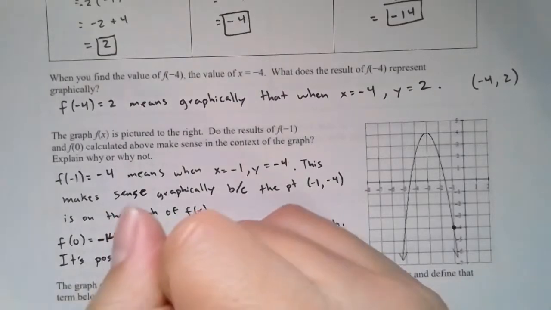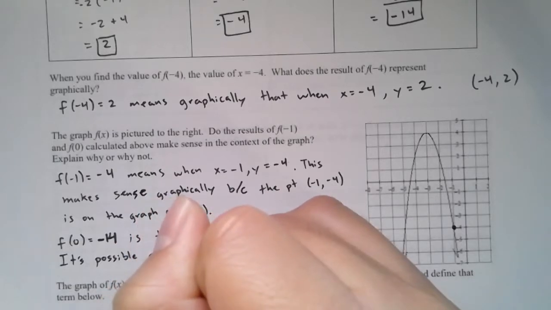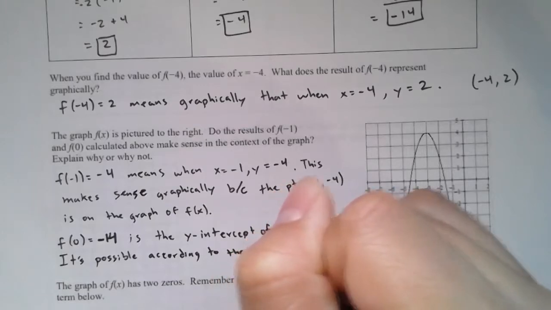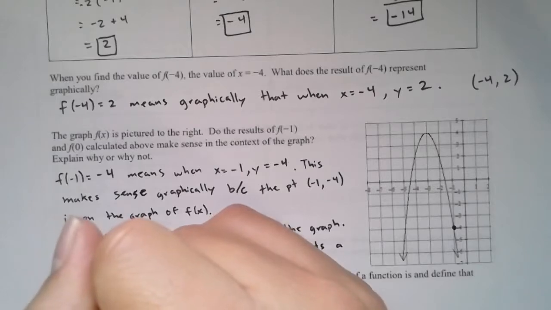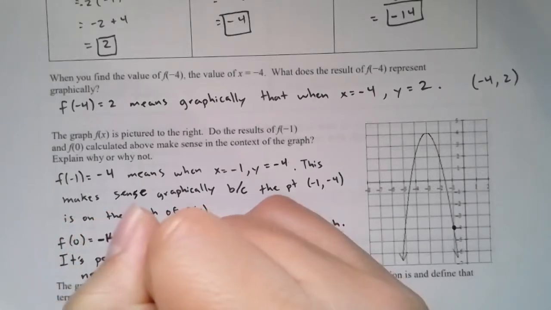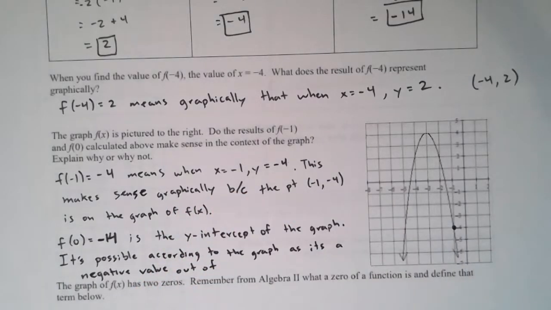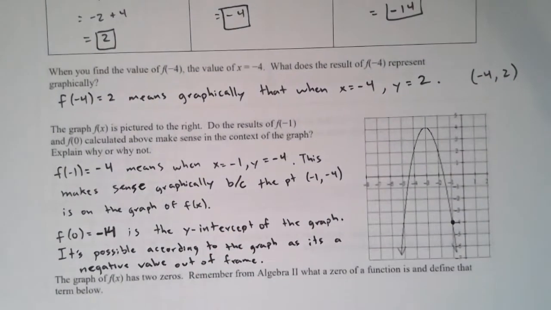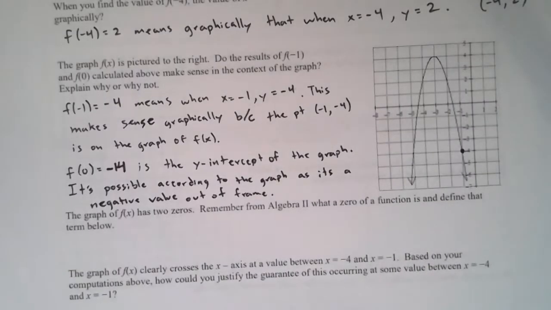It's possible according to the graph, as it's a negative, out of frame, I suppose. That's it. So that's just writing mathematics. It's just describing what's going on.